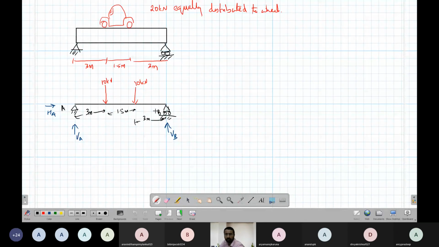We know that the body is in equilibrium, so we can always write that the summation of all components of forces in the x direction is equal to 0, and the summation of all forces in the y direction is equal to 0.